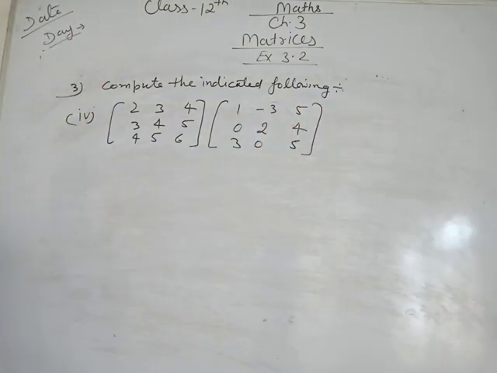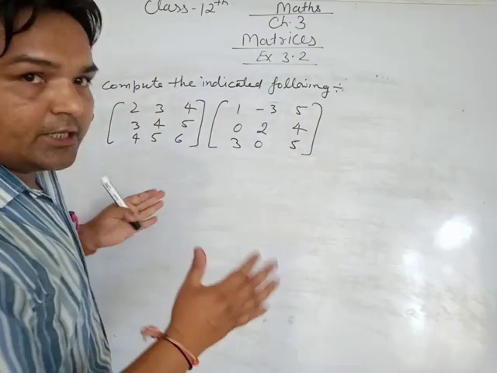Yes, check it. 2, 3, 4, 3, 4, 5, 4, 5, 6, 1, minus 3, 5, 0, 2, 4, 3, 0, 5. Yes. Firstly, we will see if it follows the condition of multiplication, yes or no.